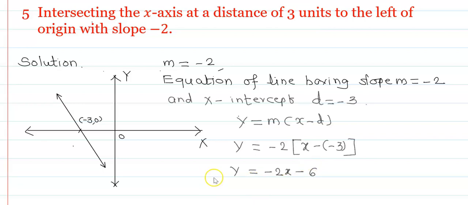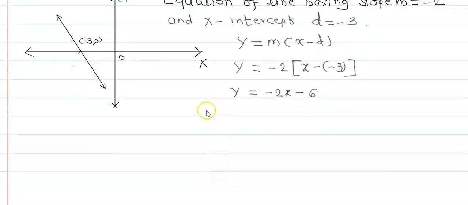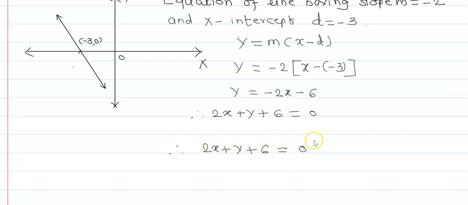This equation can be written as 2x plus y plus 6 is equal to 0. This is the required equation.